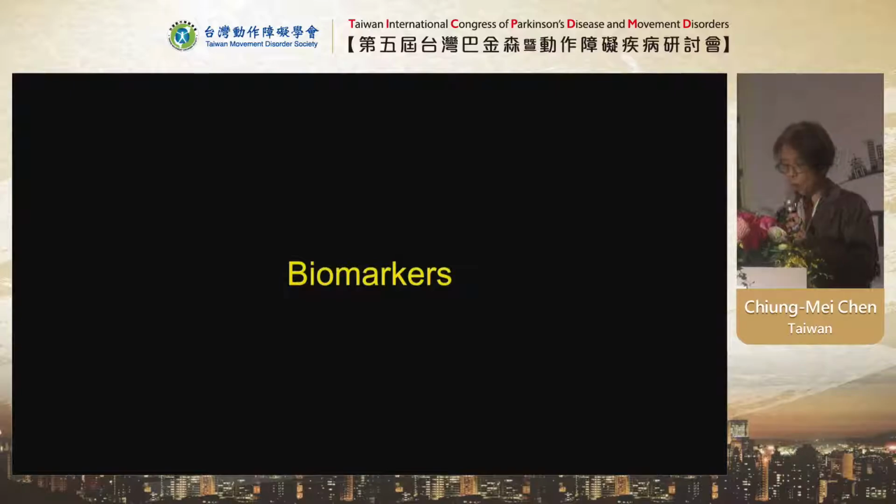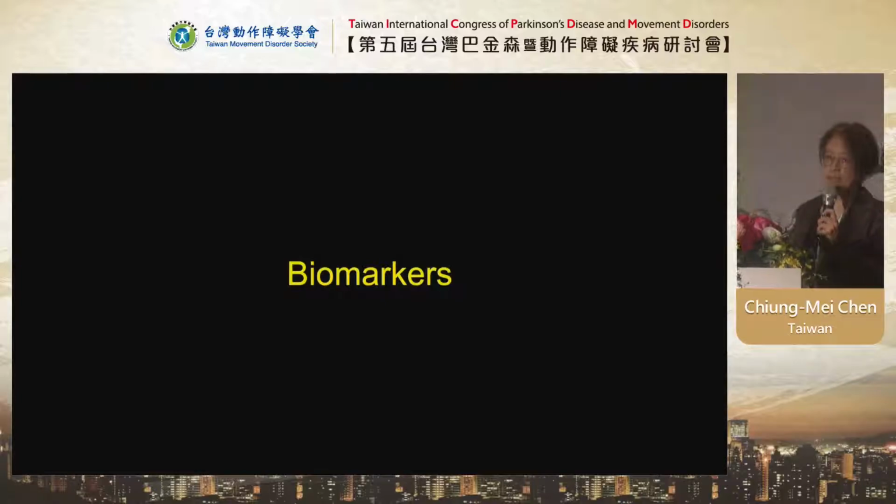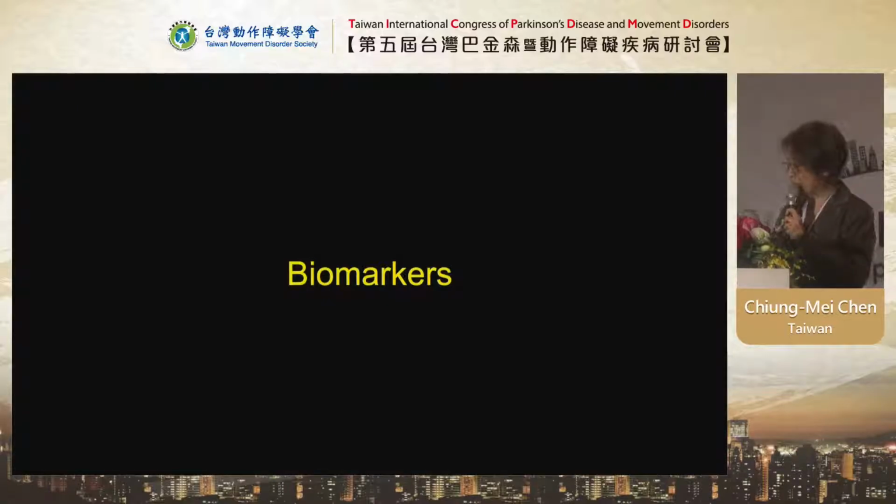And before we talk about potential therapeutics, biomarkers are important in terms of being used as an indicator to indicate clinical onset, disease progression, and to test therapeutic efficacy.